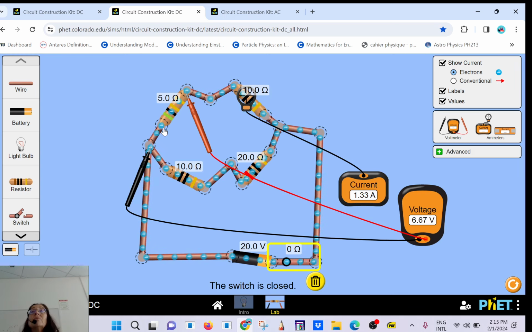So Ohm's law says that the voltage drop equals R times I. For the same current, if R is big, the voltage will be big. So this one is taking everything.